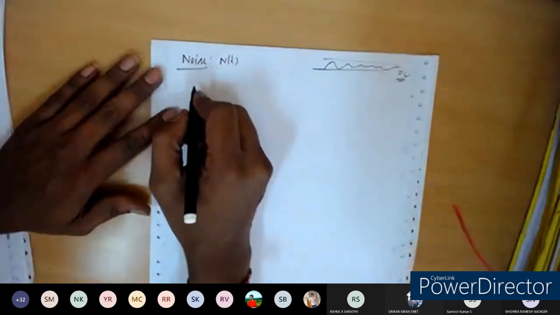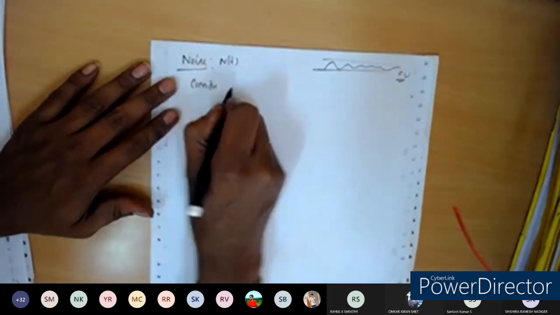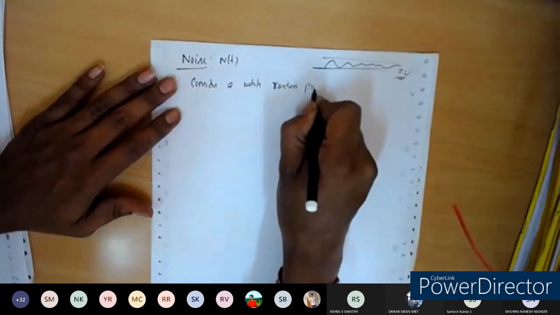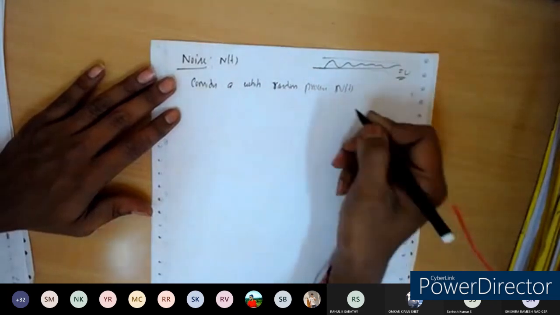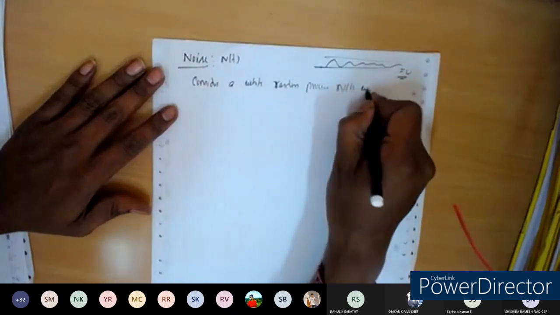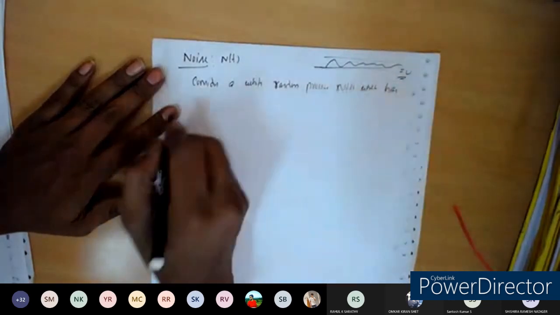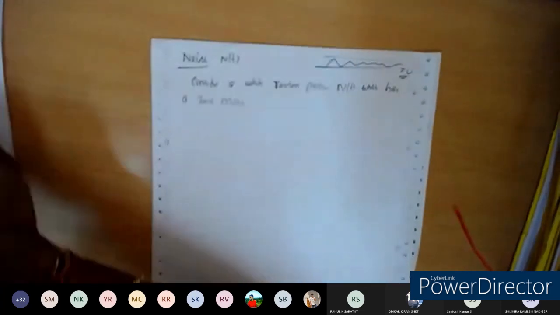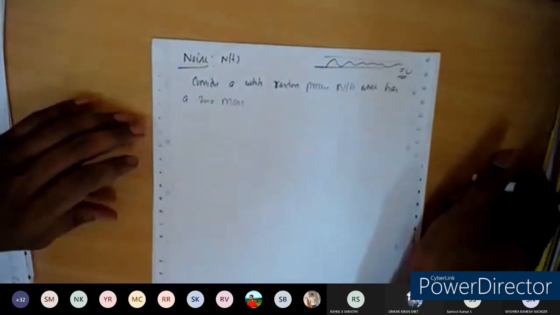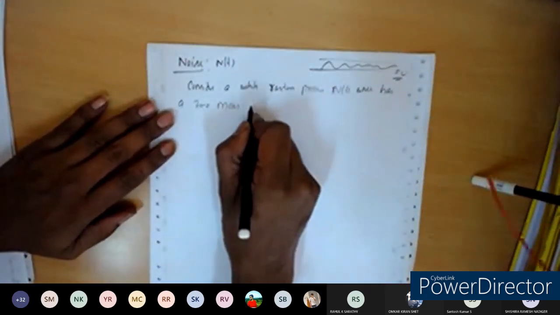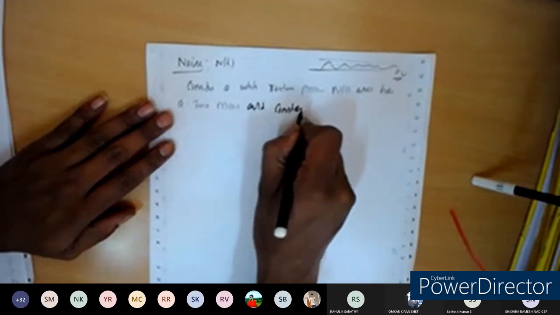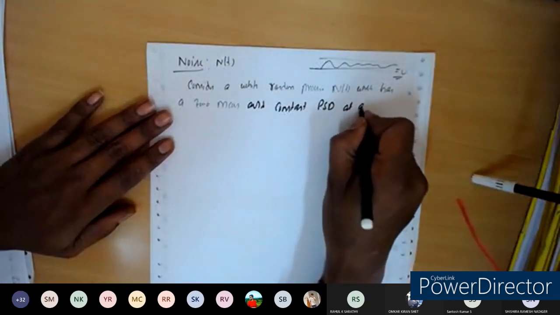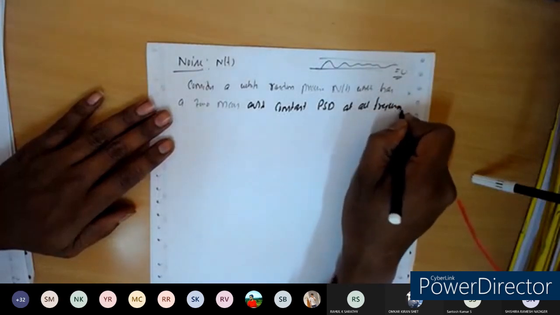Consider a white noise random process n of t, which has zero mean and constant power spectral density, in short PSD, at all frequencies.